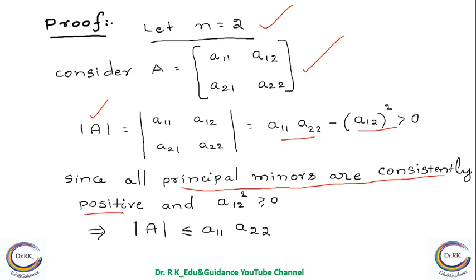Principal minors means principal diagonal determinants. The principal determinants are positive, and this term is a square term, which is always greater than or equal to 0. Therefore, determinant of A is less than or equal to the product of diagonal elements A11, A22. So this is for n equal to 2.